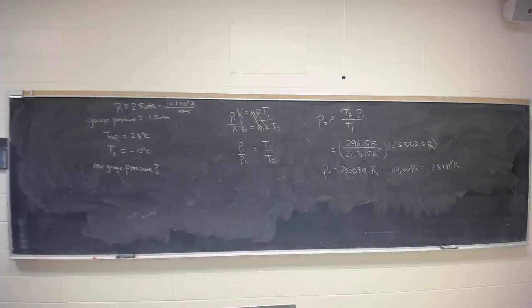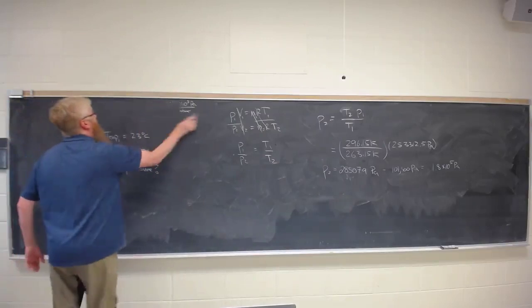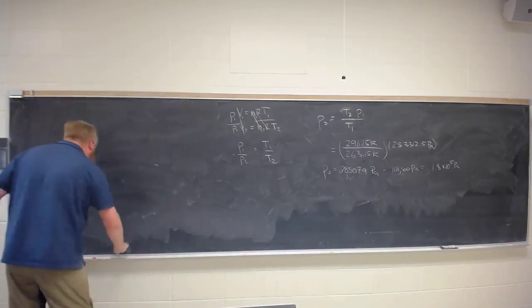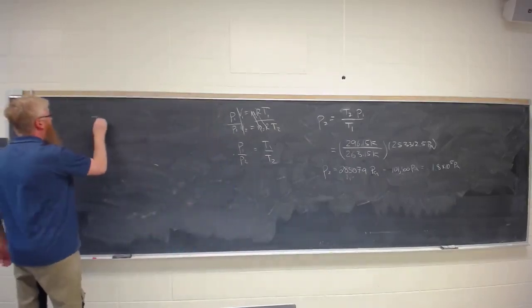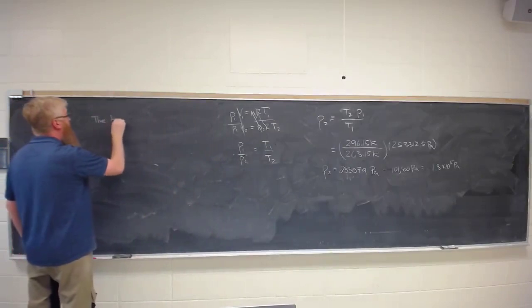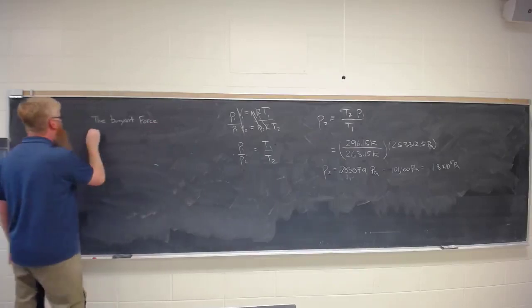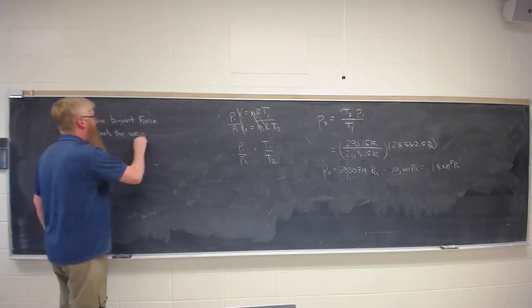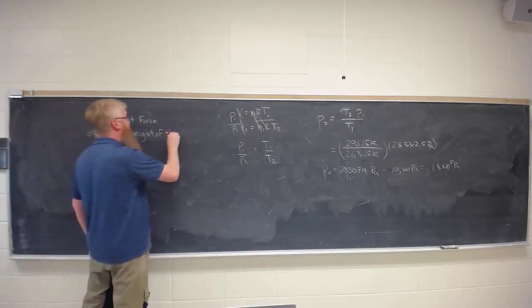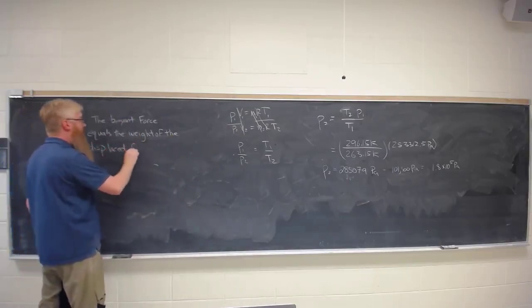All right, so Archimedes' principle talks about how buoyant force on an object, so when you submerge an object, or an object is floating, the buoyant force equals the weight of the displaced fluid.